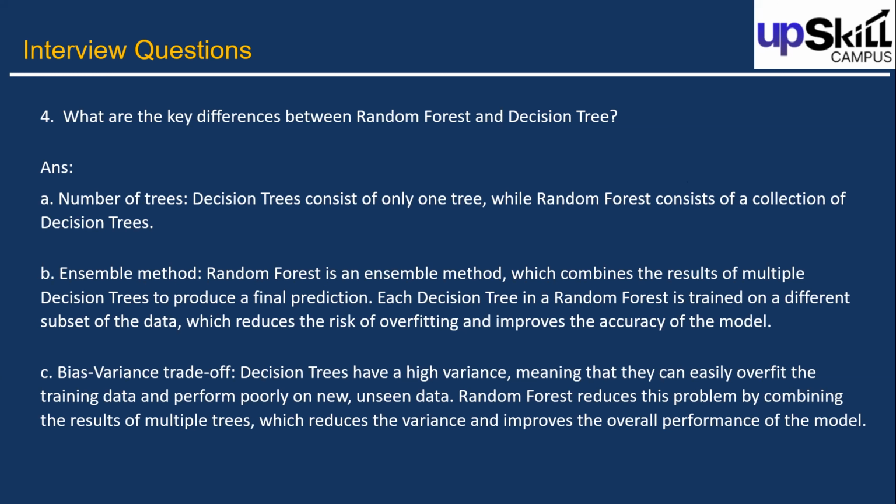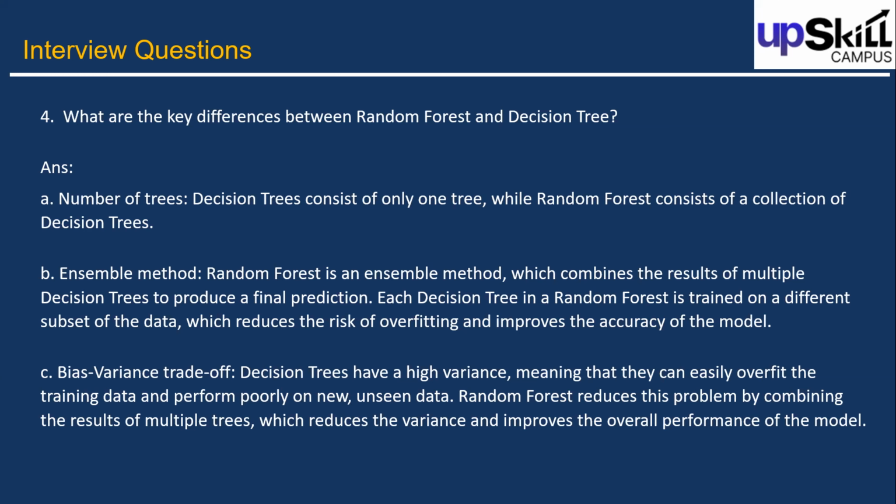Okay, ensemble method we did. Bias-variance trade-off. Decision trees have a high variance. That just means it can easily overfit on training data and perform very poorly on the test data. Random forest reduces this problem because it combines various trees, and with the help of bagging and the voting mechanism, it reduces the variance.